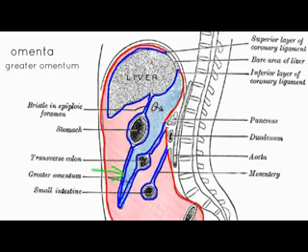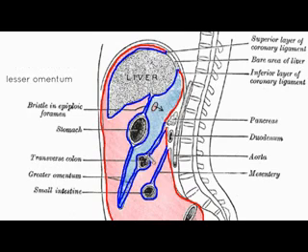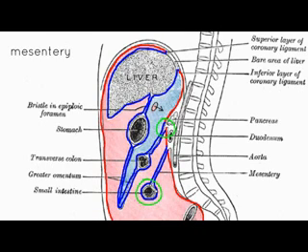So you've got a greater omentum and a lesser omentum. And where the visceral peritoneum doubles up around other organs and attaches them to the posterior abdominal wall, it's called a mesentery. You can see this doubling up of the visceral peritoneum surrounding the transverse colon and attaching it to the posterior abdominal wall. You can also see it surrounding the small intestine and attaching it to the posterior abdominal wall. This is called a mesentery.